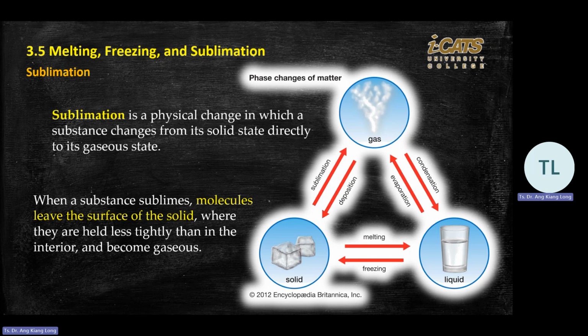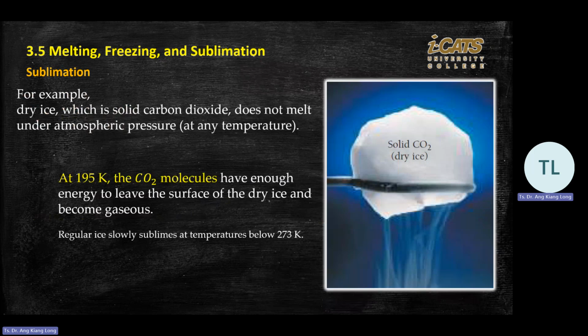You need to write that molecules leave the surface of the solid, and they straight away become gas. Dry ice is solid carbon dioxide. At only 179 Kelvin, which in Celsius will be minus something, the molecules of dry ice have enough energy to leave the surface of the dry ice and become gas.